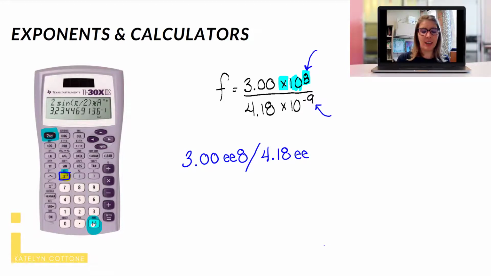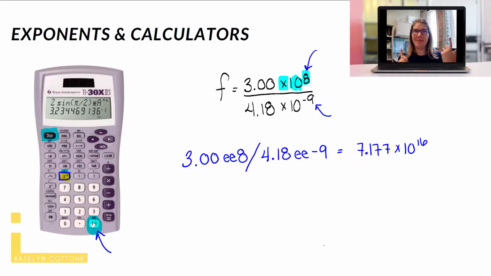So right here. You put in the negative and then you put in the 9. Then you hit equals, and it'll spit out your answer. If you did it properly, you should get 7.177 times 10 to the +16th.